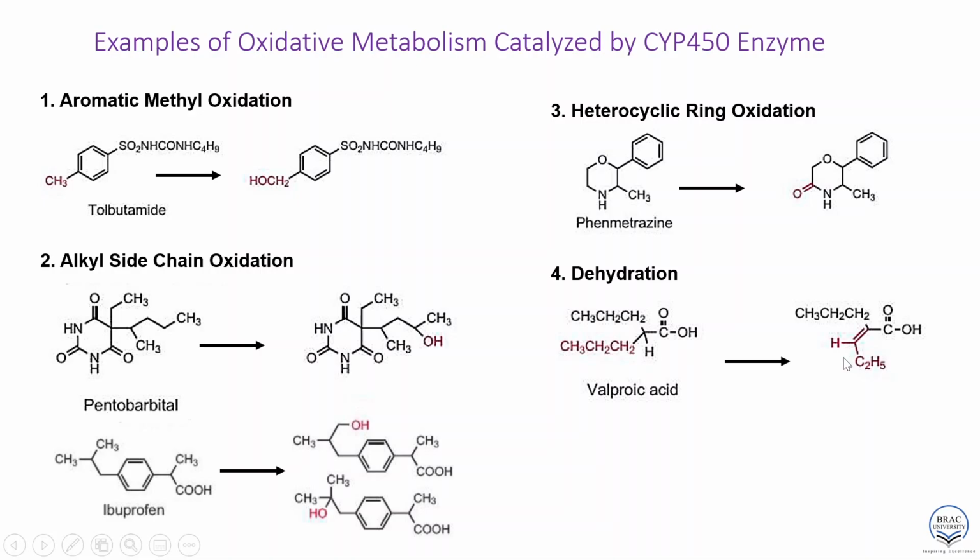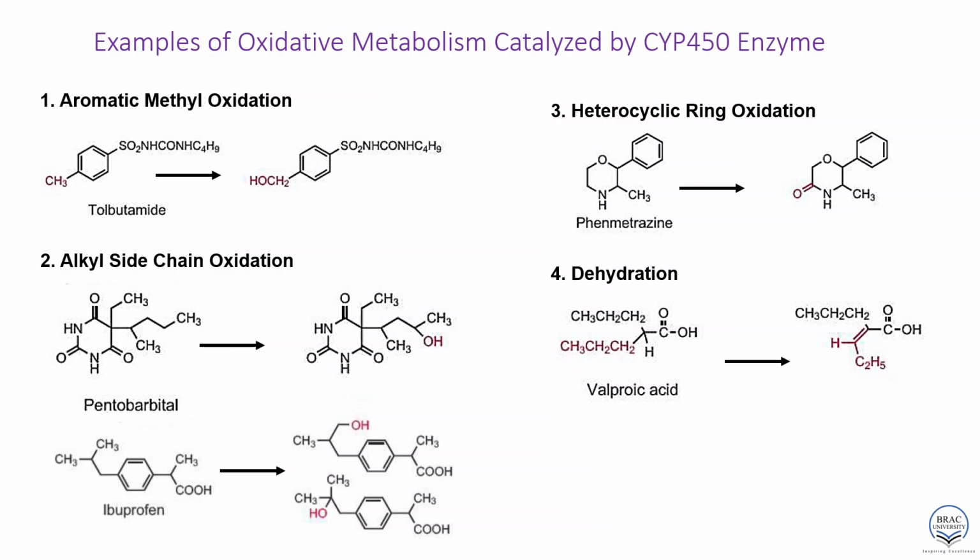You can see this carbon forms a double bond with this carbon, and 2 hydrogens are removed. CH3 CH2 is here, and this carbon forms a double bond here, with 2 hydrogens removed by the system.